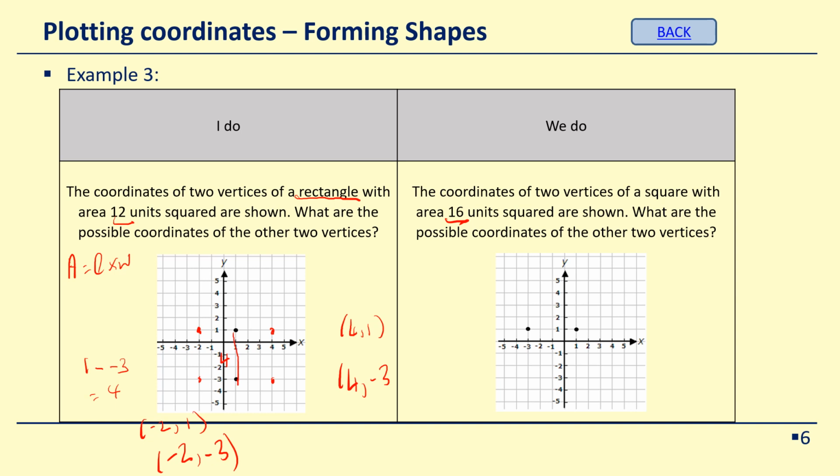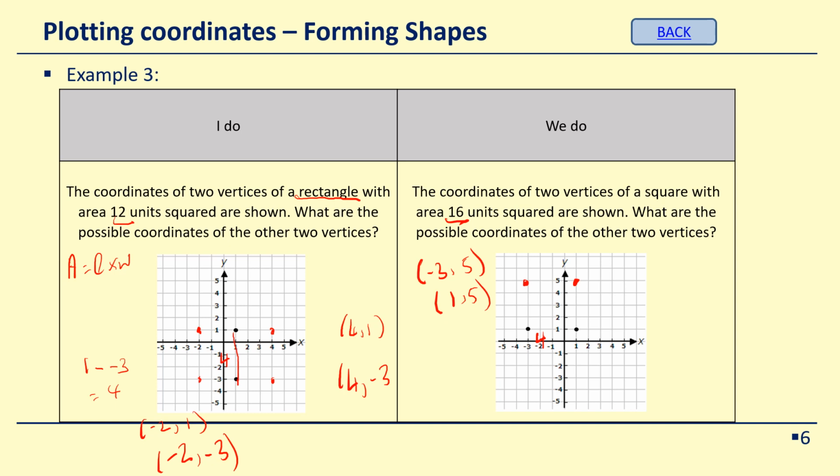So, -3 to 1, that's 4. So, if the width is 4, this has to be 4. So it's either going to be there and there. So that's -3, 5 and 1, 5.